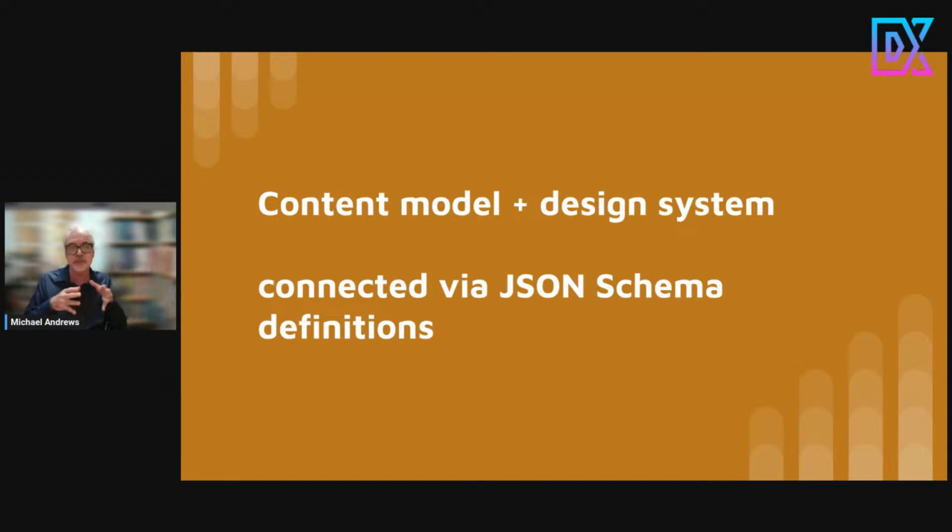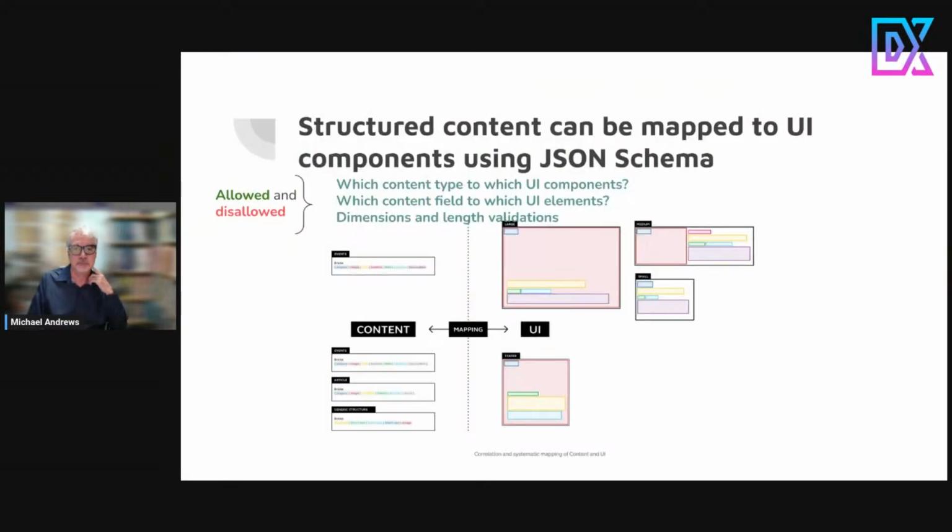So the content model in JSON Schema, the design system in JSON Schema, and ultimately, I think we have the opportunity to connect these things together in JSON Schema definitions as well. So we have the content types defined in JSON Schema. We need to map them to our UI components, which are also defined in JSON Schema. So we need to tell what types belong to which components, which fields belong to which UI elements, indicating what's allowed, what's disallowed.